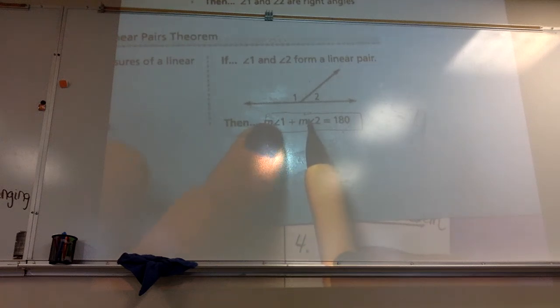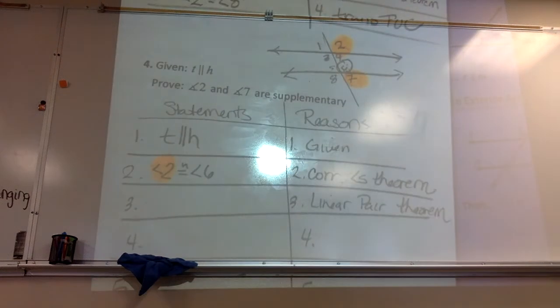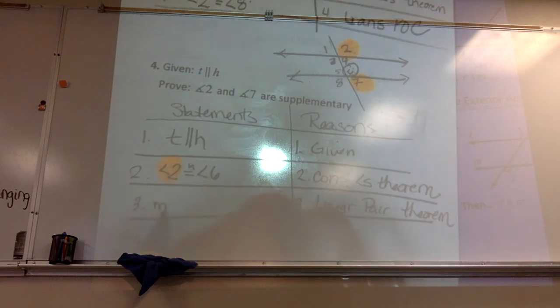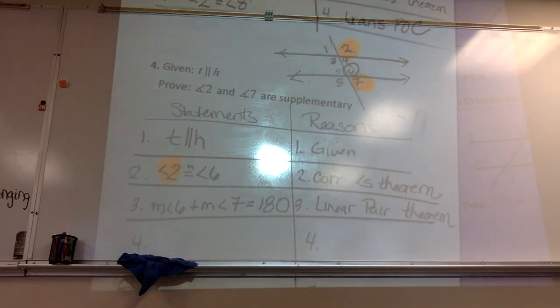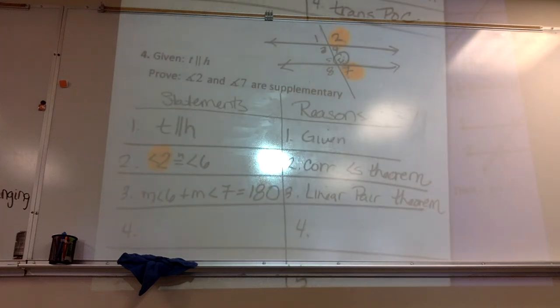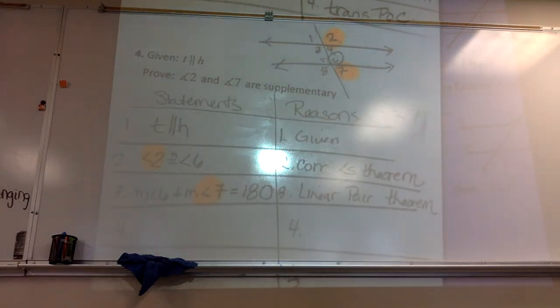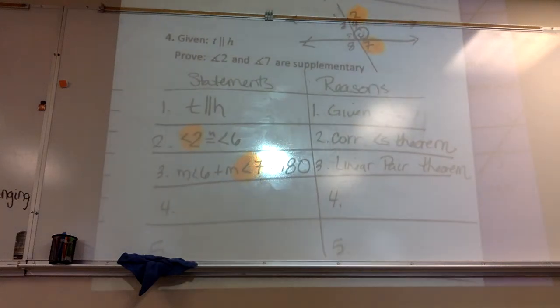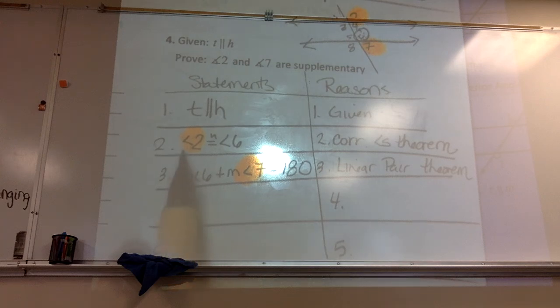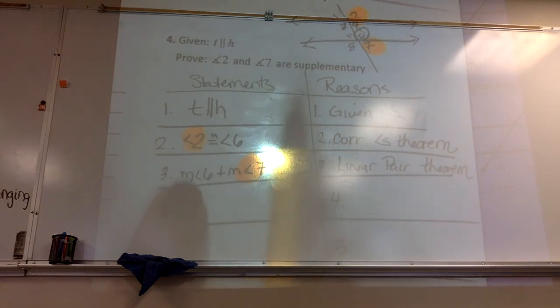It's not always 1 and 2. What is it in our case here? 6 and 7. Now we have the 2 that we needed in our proof. That's a really important start. Now we just need to bring them together to show they're supplementary.